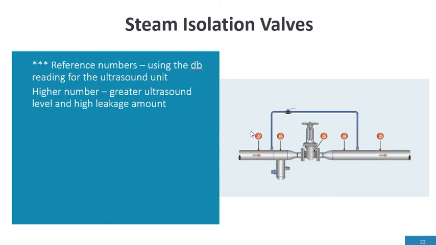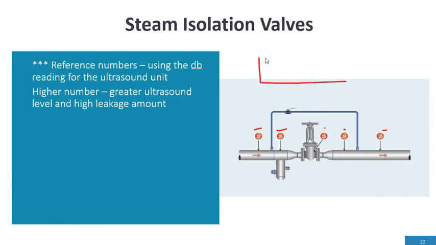Now, the reference numbers we're using here, you see 25, 24, 25, those are decibel readings off of the high-frequency ultrasound. With the newer technology of ultrasonic units, high frequency gives us a decibel reading, and basically we're picking up that reading.